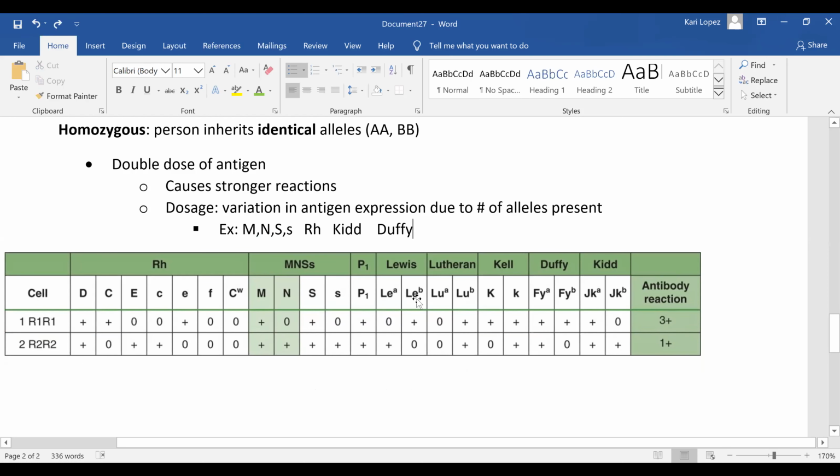So here, they're talking about M and N, part of the MNS blood group right now. Which one would this be, heterozygous or homozygous? Is it homo because of the 3+ antibody reaction?